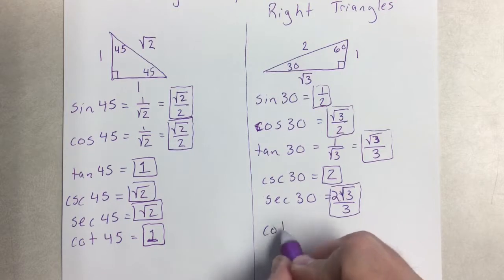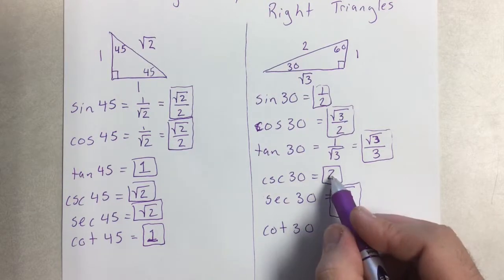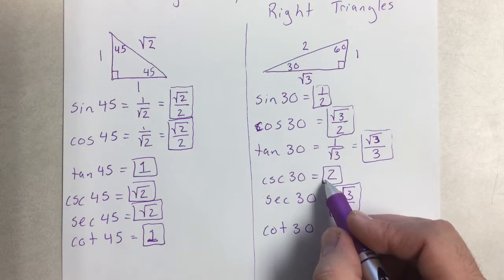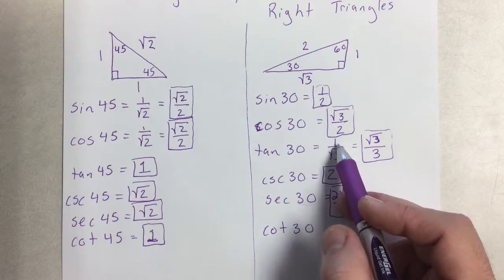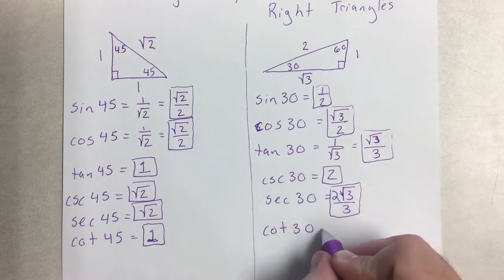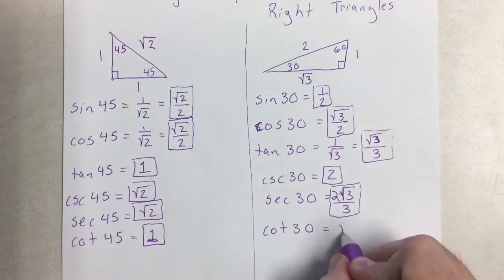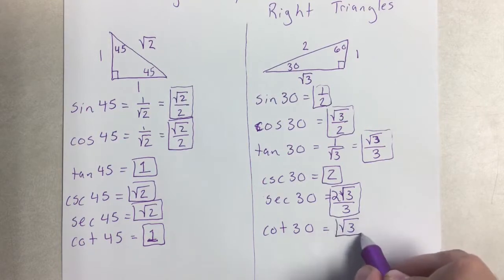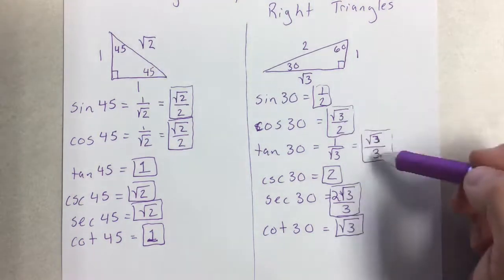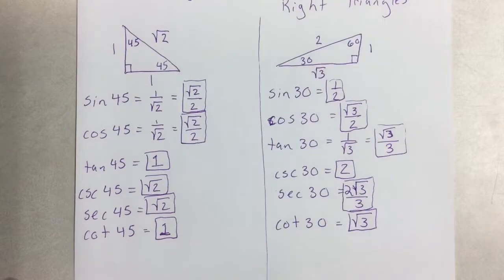And then cotangent of 30, well, I'm sorry, right here, it's 1 over square root of 3, so cotangent of 30 would be square root of 3 over 1, or just square root of 3. Again, if you know these initial three, you can find the others.